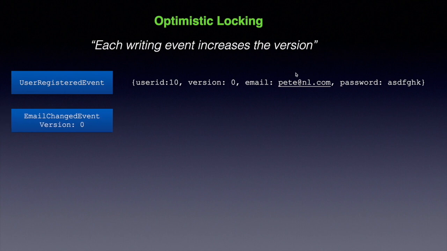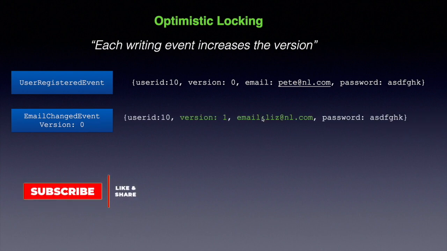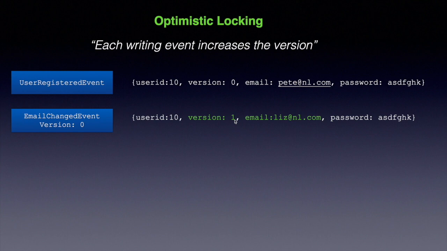So whenever a new request comes for a change, the email changed event will request with version 0, and it always looks at what the version of the existing event in the system is.